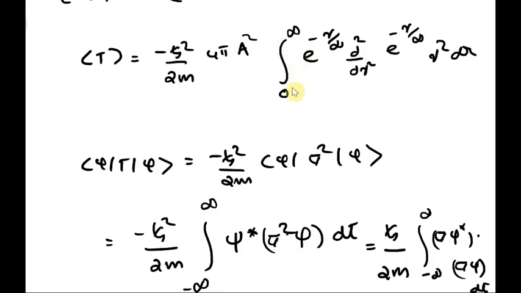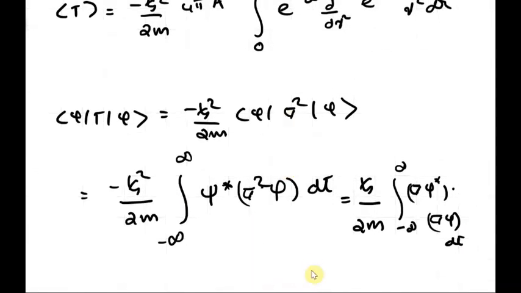Here my limit is running from 0 to infinity. And I will take dou by dou r of this quantity. The moment I take psi star, there is no change for this function. It's a real function, there is no complex part involved. Psi star itself is the same thing. So you can take dou by dou r of this quantity and take the square of it. And r square, multiply, integrate over dr. That's it.